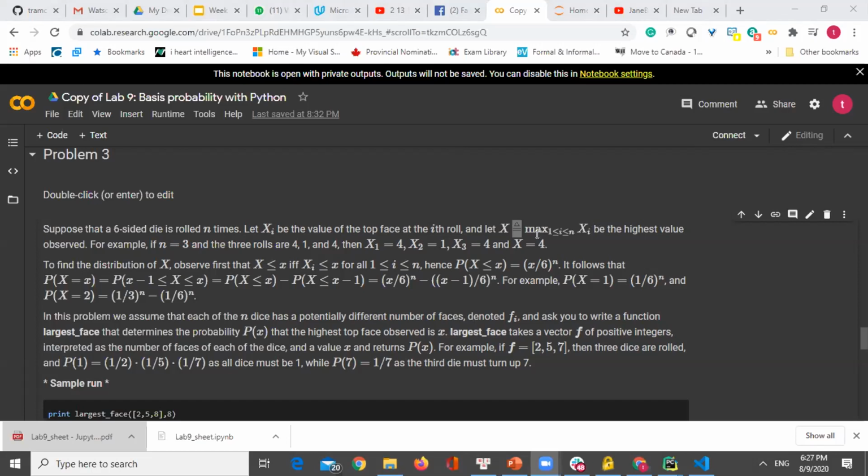So max of Xi, X equals by definition the maximum value of Xi for i in range 1 to n.